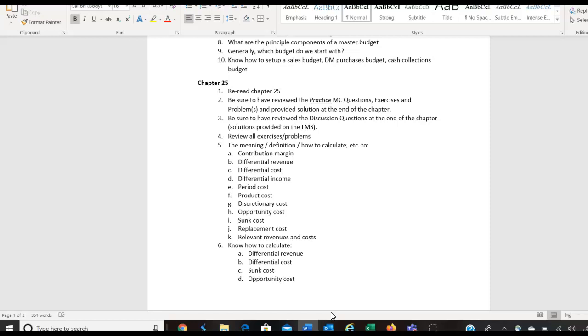Opportunity cost, look at page 1265. Sunk cost on page 1260. Replacement cost, page 1264. And then the relevant costs and revenues. And what do we mean there? Well, what we mean is what's important, what's relevant, what do we need to factor, and what do we not need to factor. An example would be fixed costs.